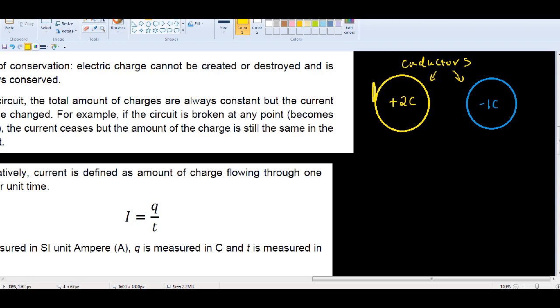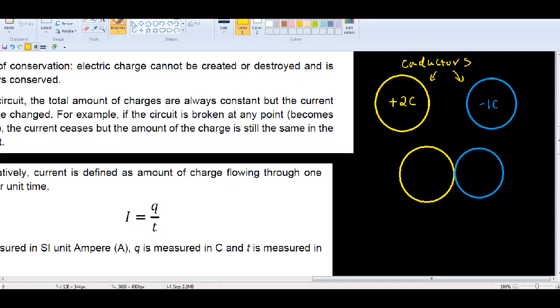What happens? After they touch, because that's positive 2C and minus 1C, they neutralize. So the net charge will become positive 1C, right?